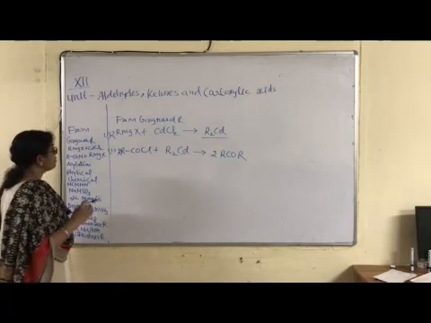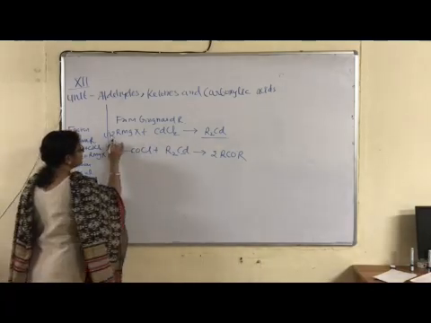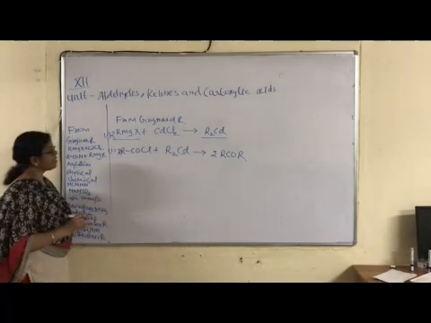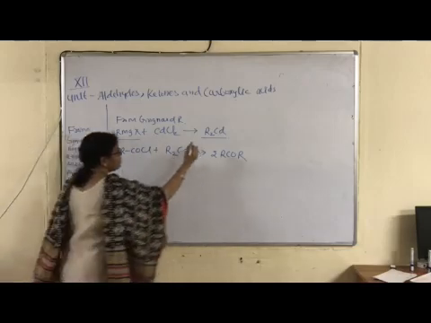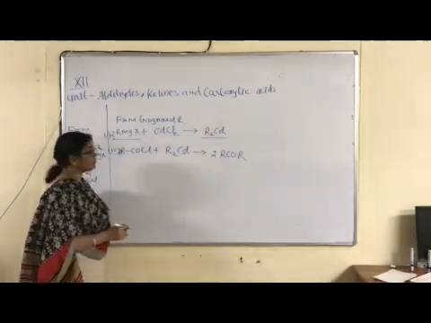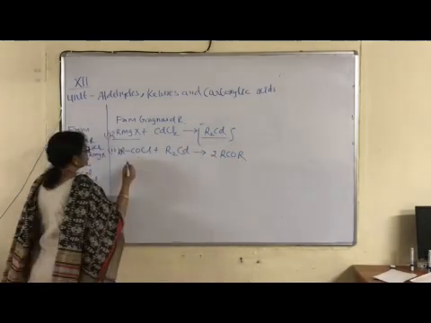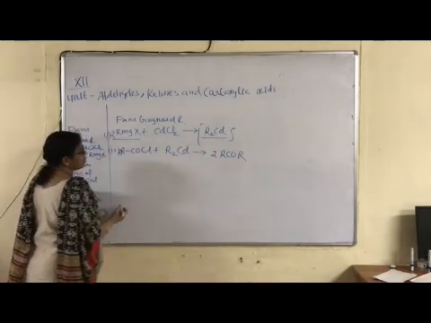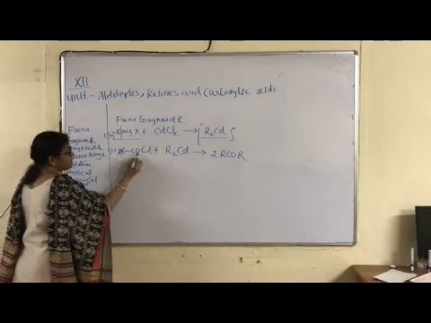Right. First step of this reaction of Grignard reagent, which is RMgX, with cadmium chloride. Then what is obtained? Dialkyl cadmium. Right? This is an intermediate. Then reaction of this dialkyl cadmium with acyl group.